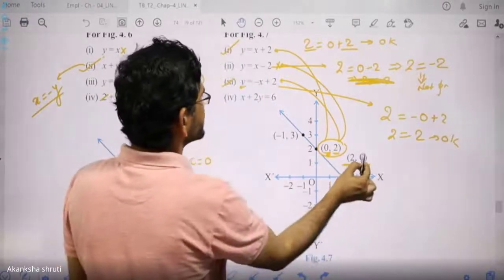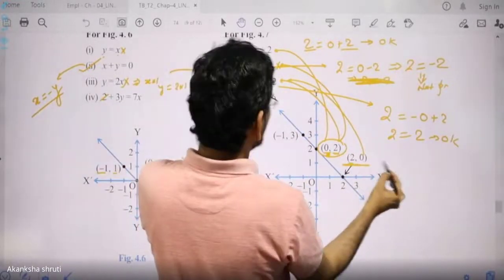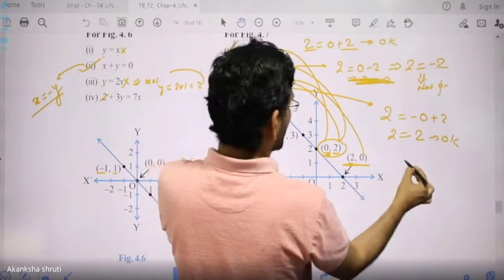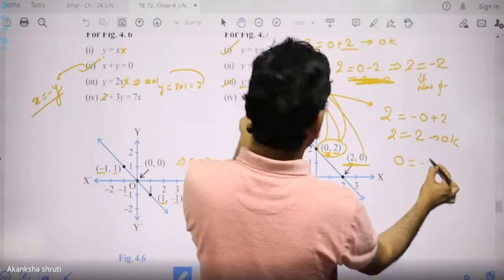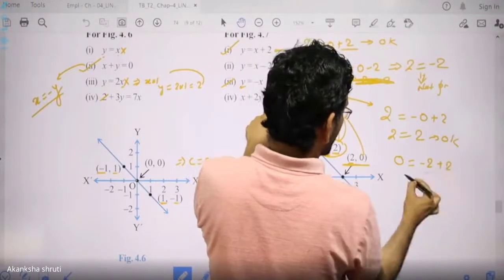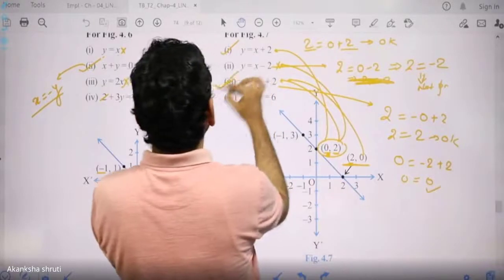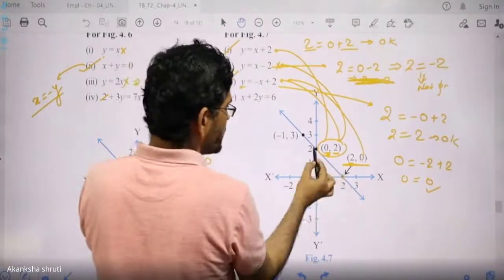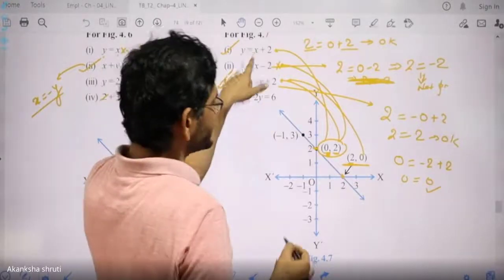If we take this point in the third one, x is 2, y is 0. So 0 equals minus of 2 plus 2, yes, 0 equals 0. It is satisfying, so it is correct, because through 2 points only one line can pass, and it is this. Can it be the first one?